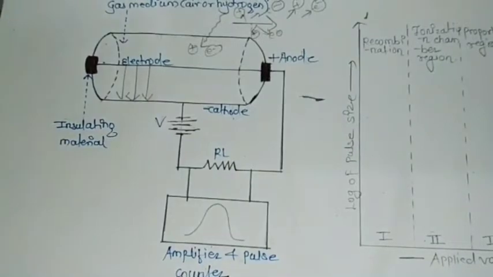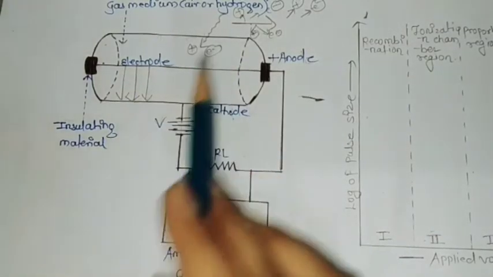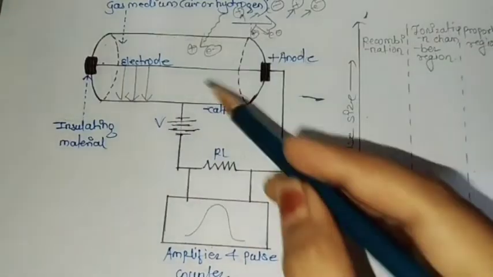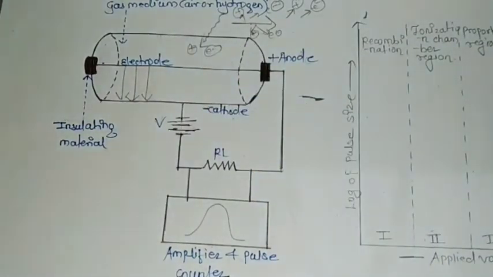All the ions and free electrons created during the primary ionization process, when external nuclear radiation interacts with the material medium, are attracted towards the opposite polarities of the metallic electrode and metallic surface.